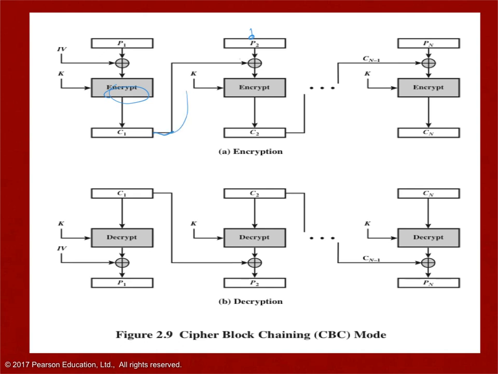What this tries to do is make this cipher text a function not only of the current plain text, but also of the previous cipher text. So it makes the encryption in a chained way. That's why it's called block chaining. So what are the properties of this?